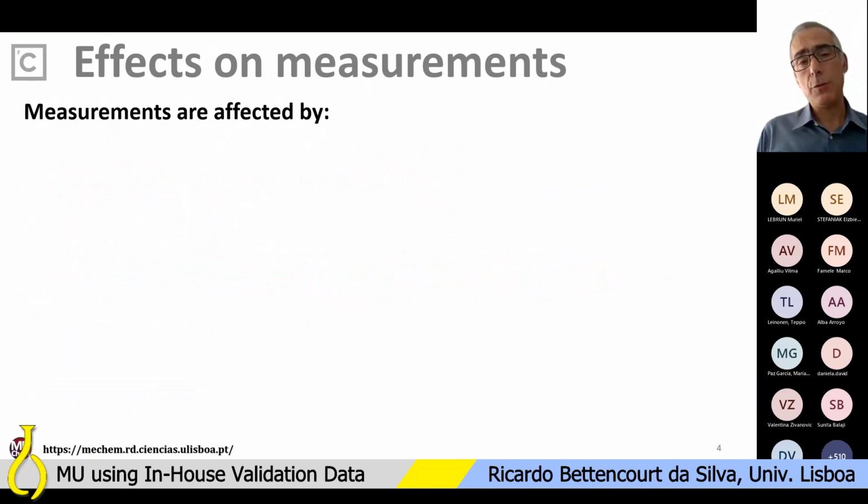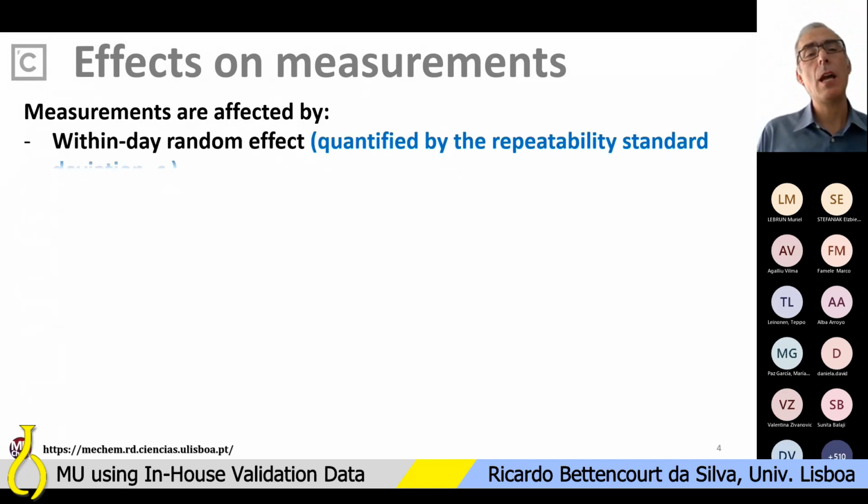Like Ivo already mentioned, measurements are affected by different effects. Random effects that occur within a day are some of those effects. If you repeat an analysis on the same day, with the same equipment and the same analyst, typically you will not get the same number as you do replicate analyses.